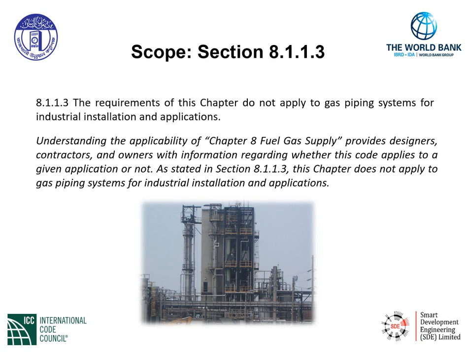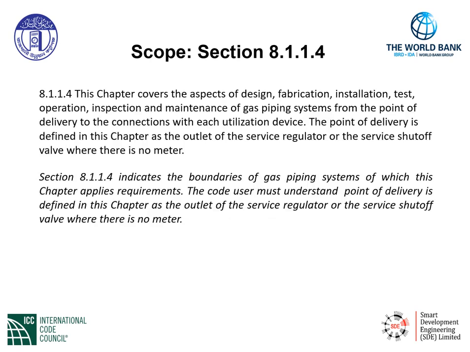In this case, it's very clear here that any industrial installations and applications are not part of this code. So the chapter does not apply to, of course, the industrial installation and any industrial applications.